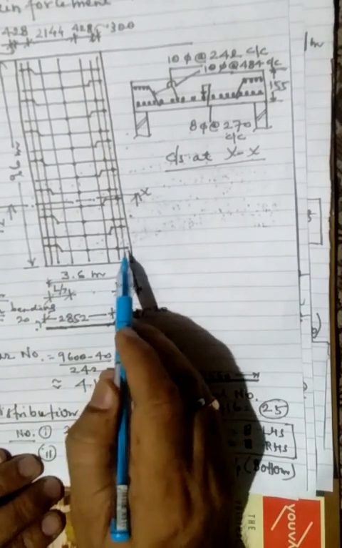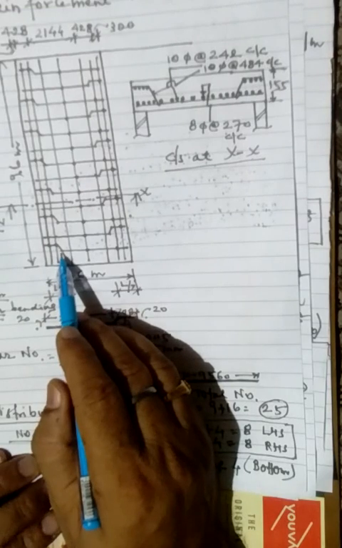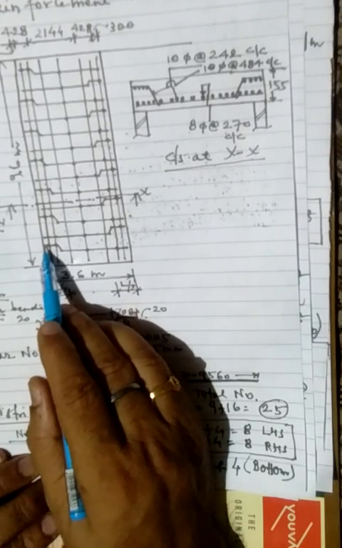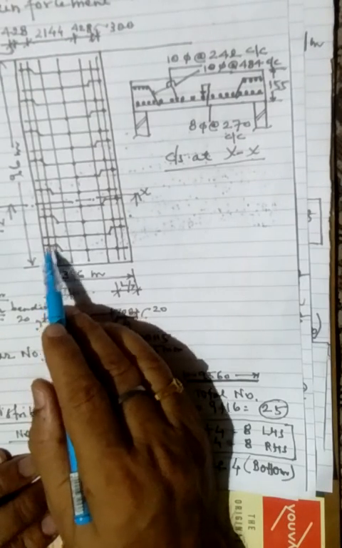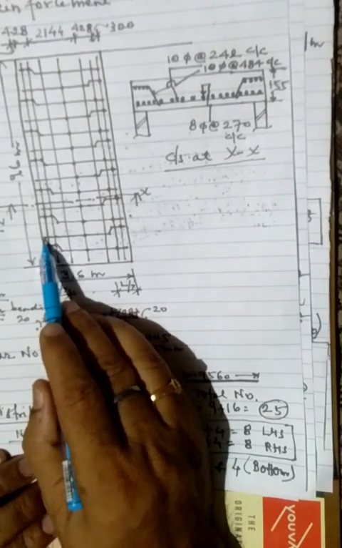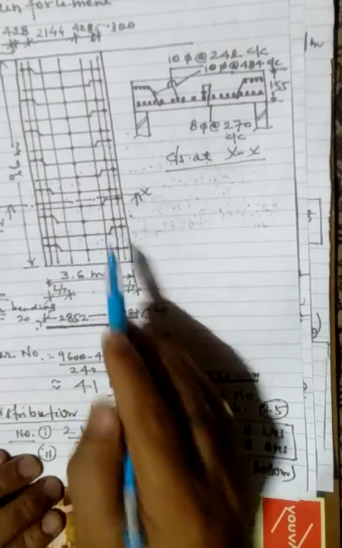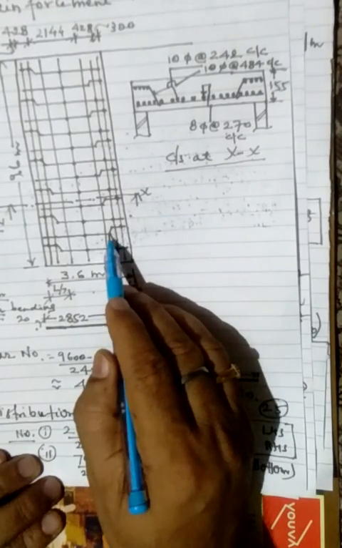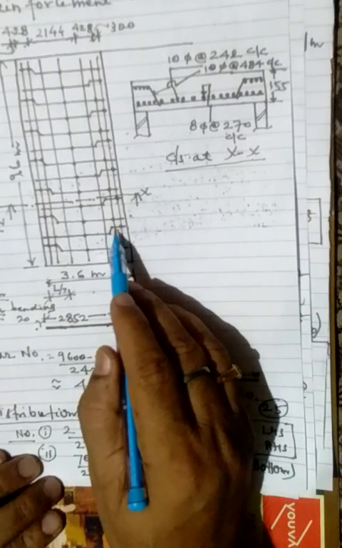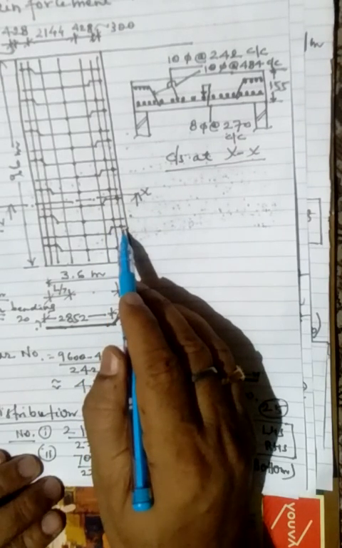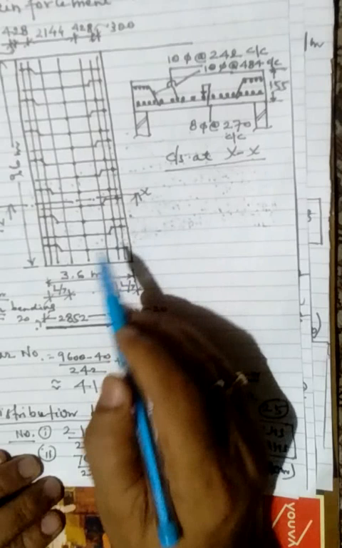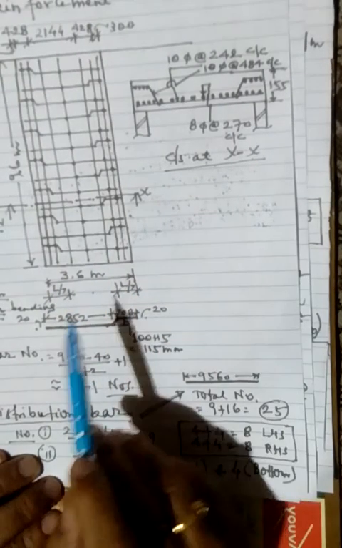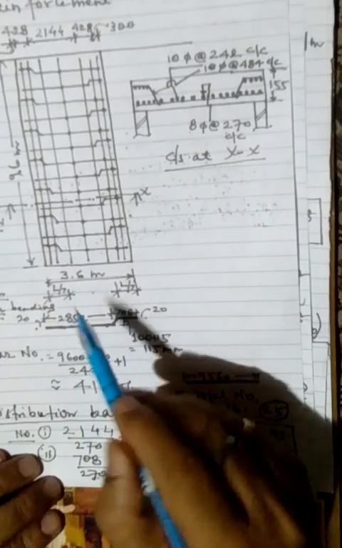Up to this it is coming straight from right, then it is bent up and goes to the top of the left support. Similarly, the next bar would start from the left support and goes up to the L/7 length of the right support, and it would then be bent up and goes to the top of the support.